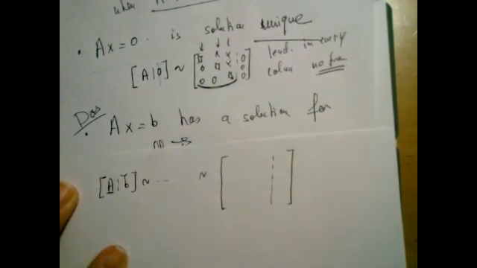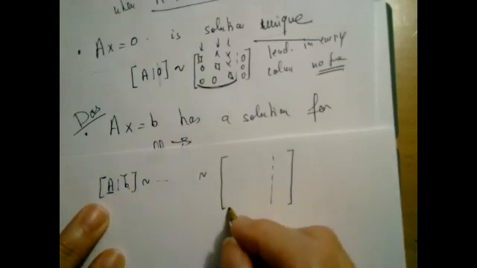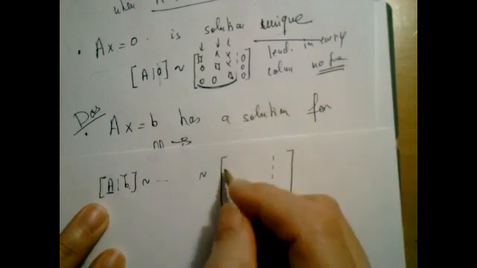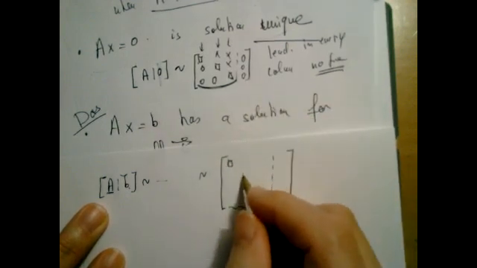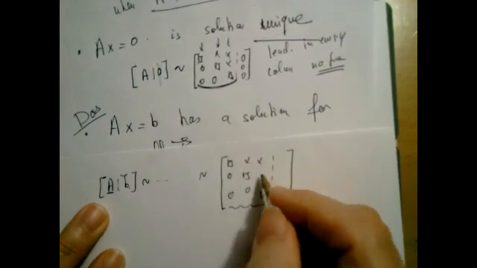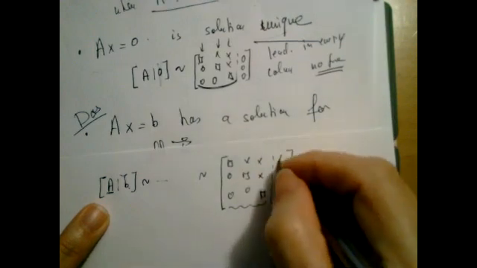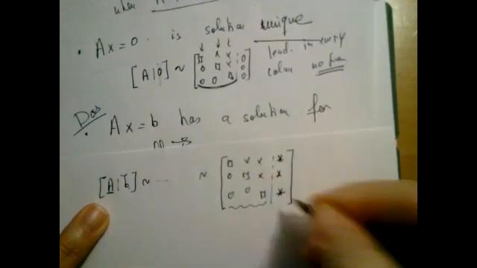When I reduce A, even if I have B, the reduction process is the same. So I'm going to end up here with leading, leading, leading, because we have 3 leading. So the B term is going to change. That's what's going to happen.